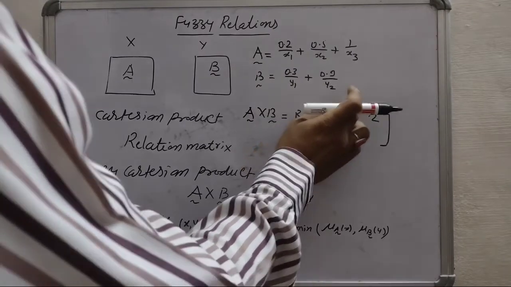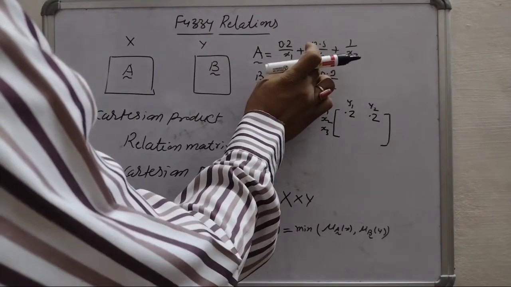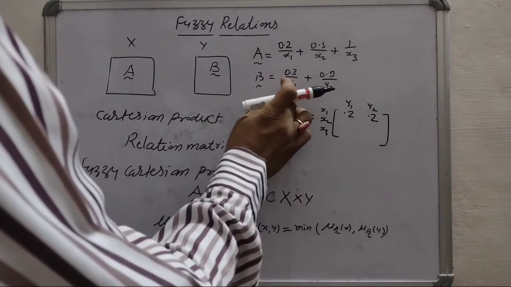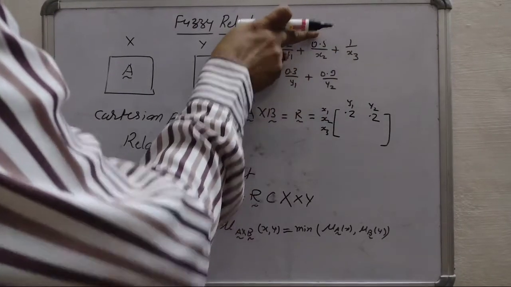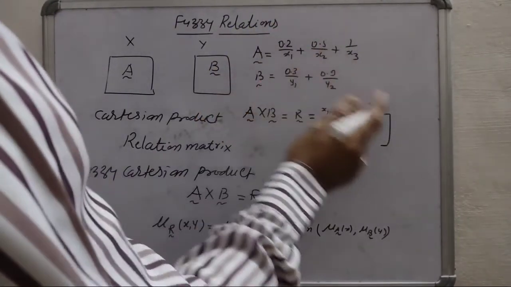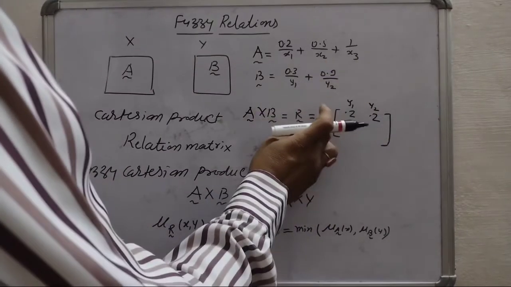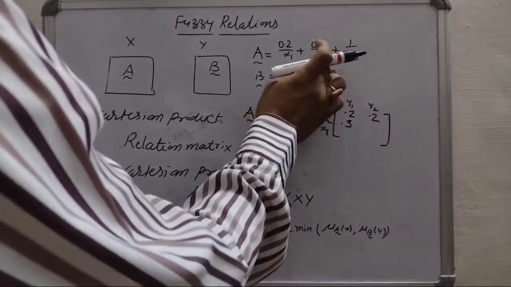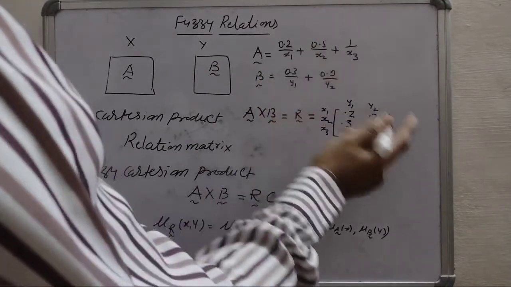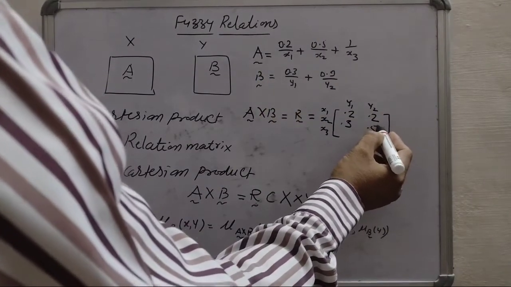Then x2 y1, this is x2 and this is y1. So the minimum of 0.5 and 0.3 is 0.3. Then x2 y2, so here the minimum is 0.5.